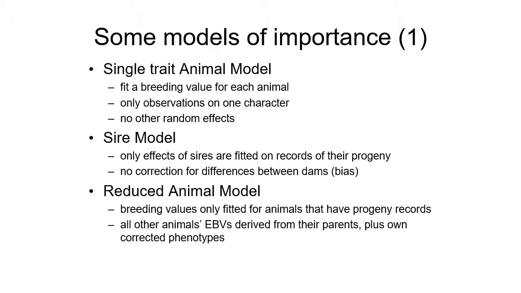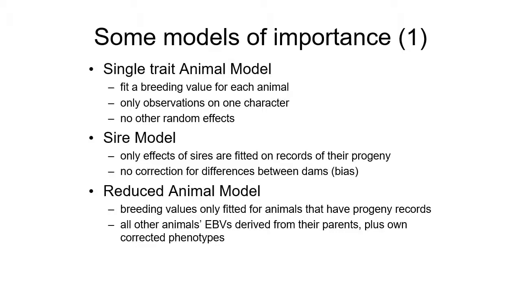So you have some bias, if you think about the U in blood, unbiased prediction. So you had some bias in terms of the differences of genetic levels between the dams. That was corrected later on with a maternal grandsire model, where also the maternal grandsire was included for each animal as an additional random effect, and that caused some sort of correction for the possible bias between dams.